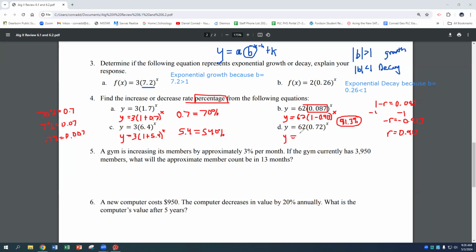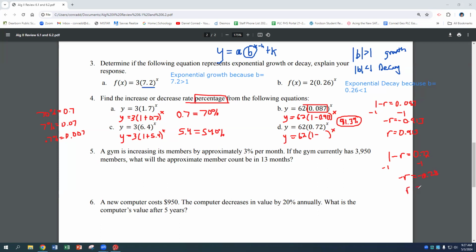Y equals 62 times 0.72. Sorry, 1 minus, this is exponential decay. 1 minus something, right? So 1 minus r is going to give us 0.72. That's going to be 28. But if we need to solve, we'll subtract 1 on both sides. You get negative r equals negative 0.28.